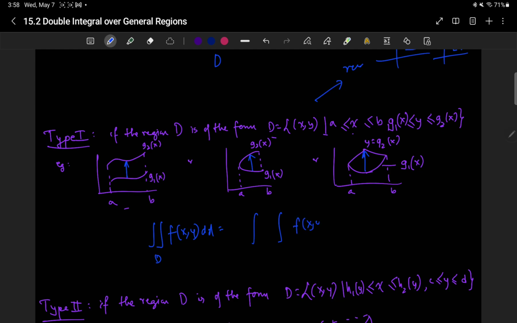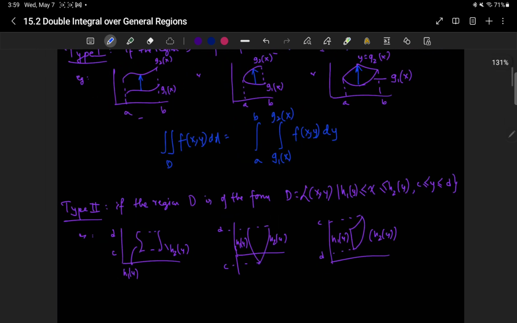So you have dy, and this will go from g1(x) to g2(x), and then x goes from a to b, whatever that a to b is.